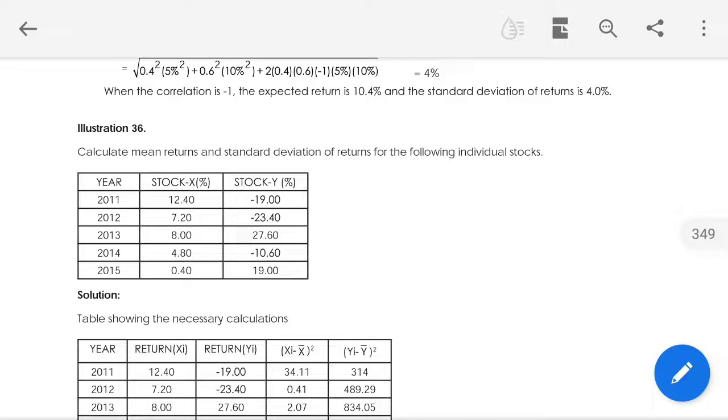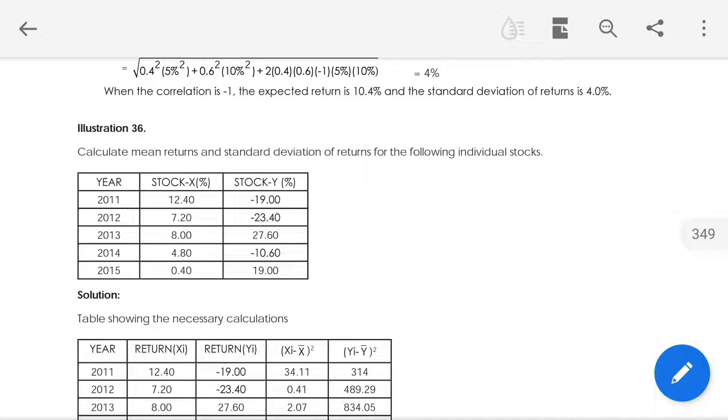On stock X, we have returns like 12.40, 7.20, 8, 4.80, 0.40. Likewise, in stock Y, we have returns of negative 19, negative 23.40, positive 27.60, negative 10.60, and positive return of 19%.